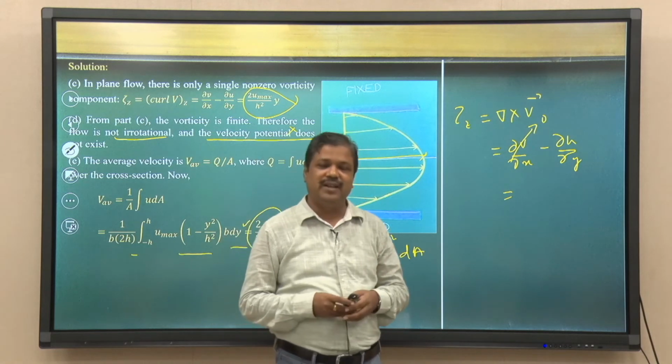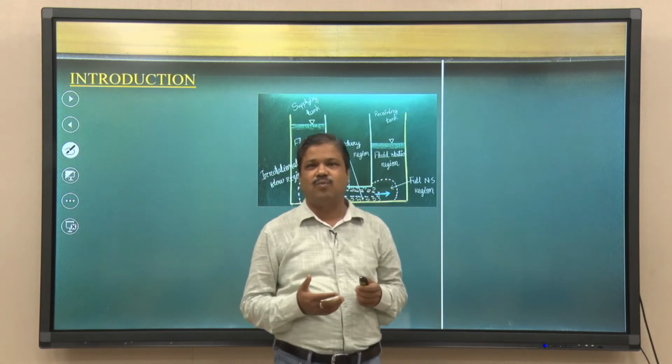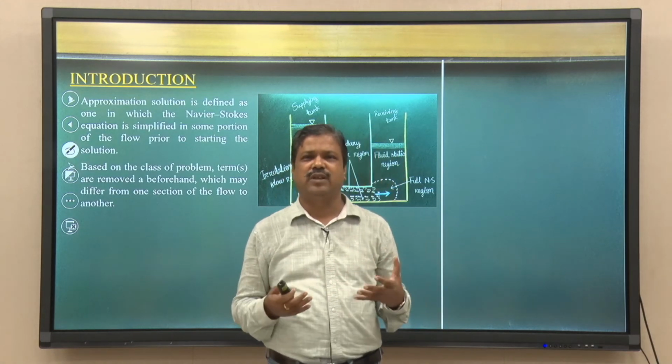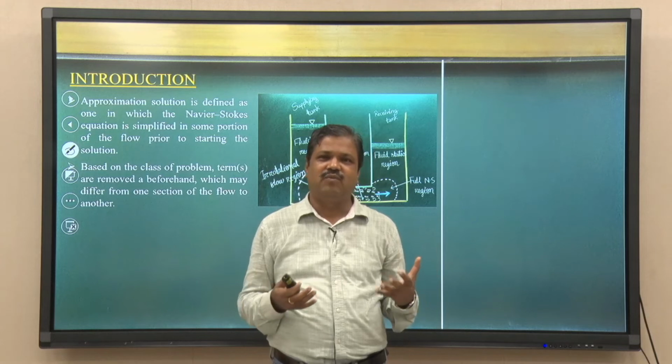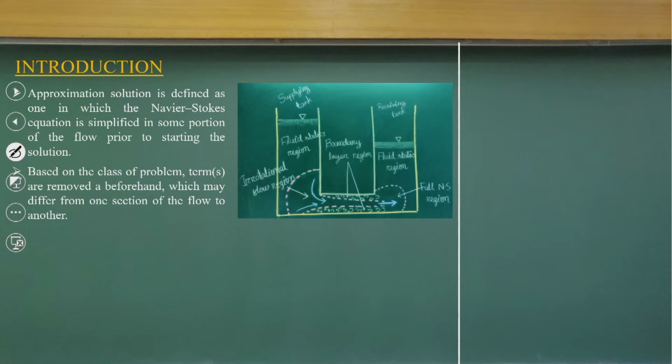Now, let us go to a very interesting topic, which is the boundary layer approximations, where we do need the Navier-Stokes equation solvers. For example, as given here, I will sketch the same figure for your convenience and better understanding. There are two chambers, and these chambers are connected with a pipe.